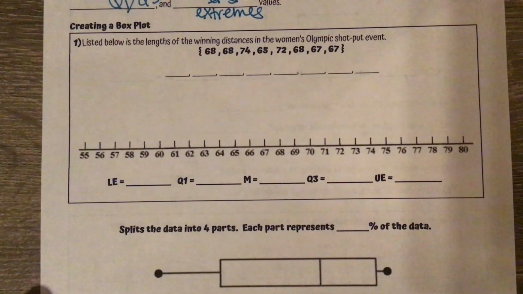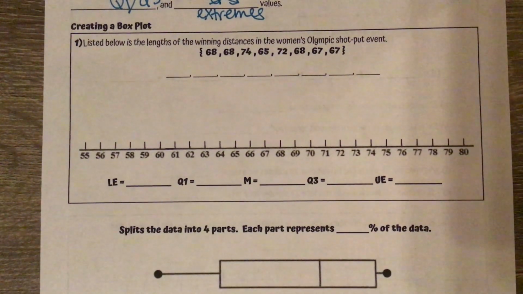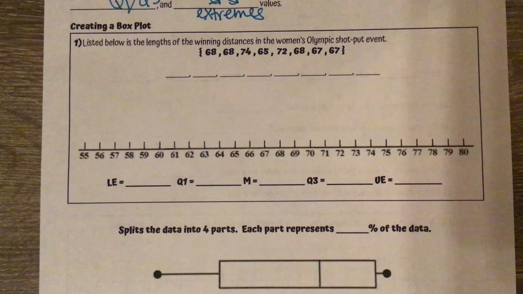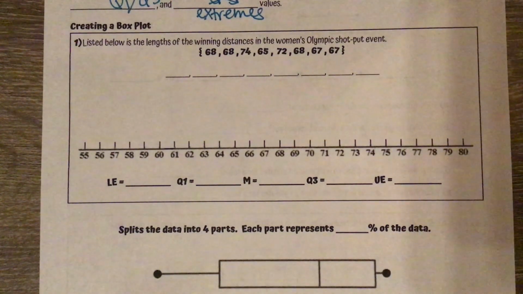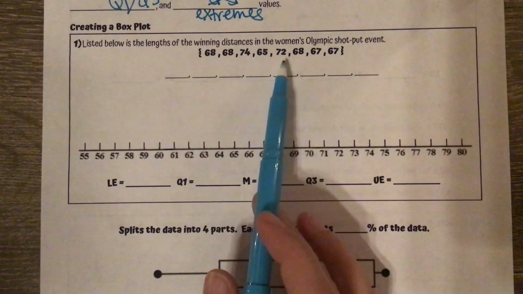So let's just first look at how we would make a box plot. First thing we would do is find these different values: the extremes, the Q1, the Q3, and the median. Well, we know when we're finding the median and the quartiles that we have to put it in order from least to greatest. So that's what I'm going to do first.